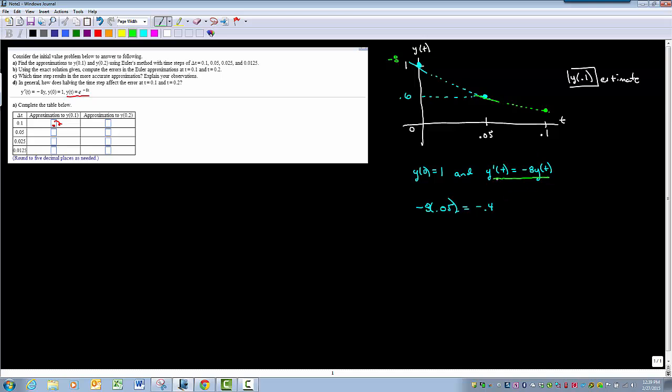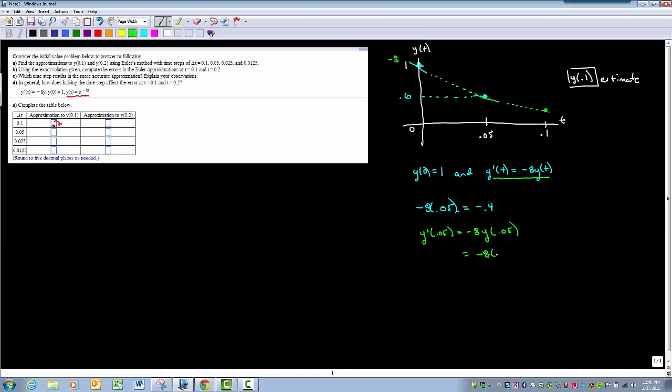So the slope at 0.05 is equal to negative 8 times the y value at 0.05. Well, the y value at 0.05 is estimated by 0.6.